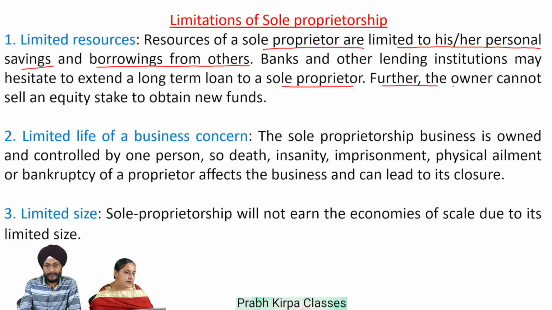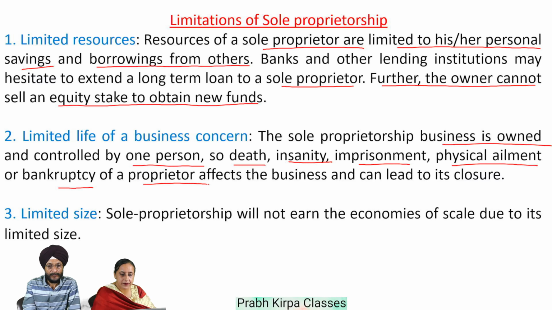Further, the owner cannot sell an equity stake to obtain new funds. Number 2, limited life of a business concern. The sole proprietorship business is owned and controlled by one person, so that insanity, imprisonment, physical ailment, or bankruptcy of a proprietor affects the business and can lead to its closure.